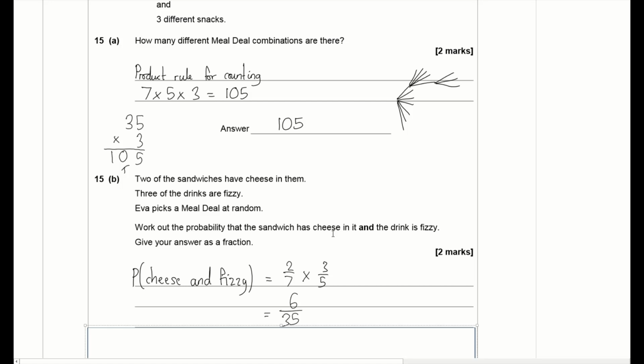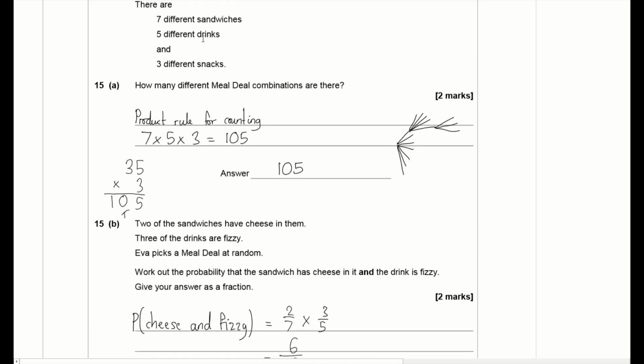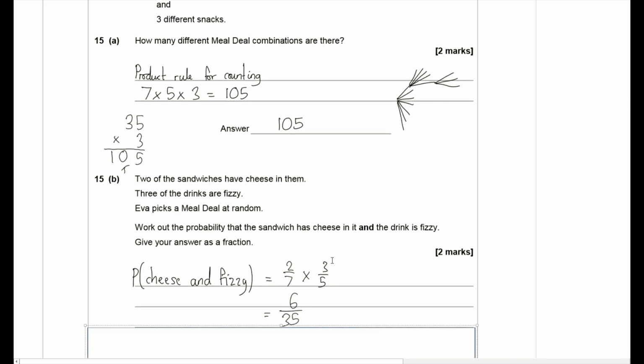The second requirement is that the drink is fizzy. We know 3 of the drinks are fizzy and there were 5 different drinks altogether, so there is a probability of 3/5 of picking a fizzy drink. It's actually independent here of what snack she picks, so you could think of that as times 1, because it doesn't matter at all in this question.